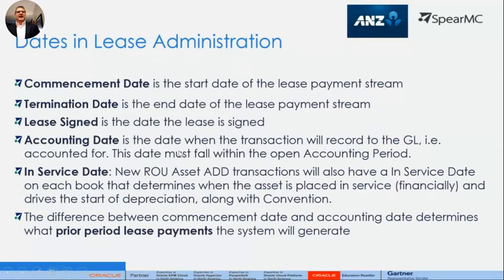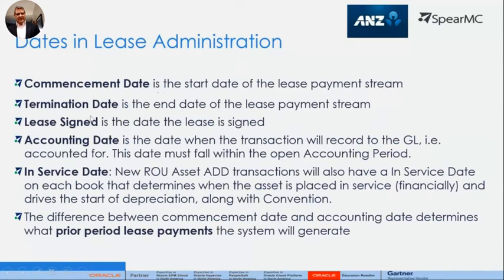All right. Oh my goodness, I'm already at the end. There are lots of dates in lease administration, and I think the biggest and most important one was the first thing I showed you, which is the date of commencement. When are we doing this?